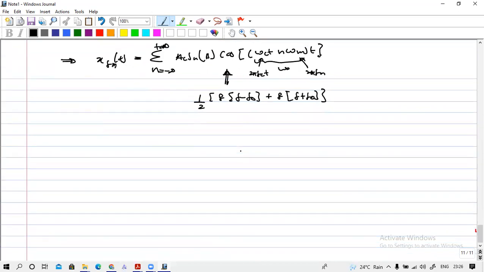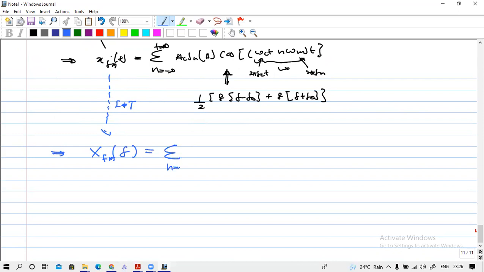So if I write this, the frequency transformation, the Fourier transform of this x(t), normally we denote it as capital X(f). So here it is f.